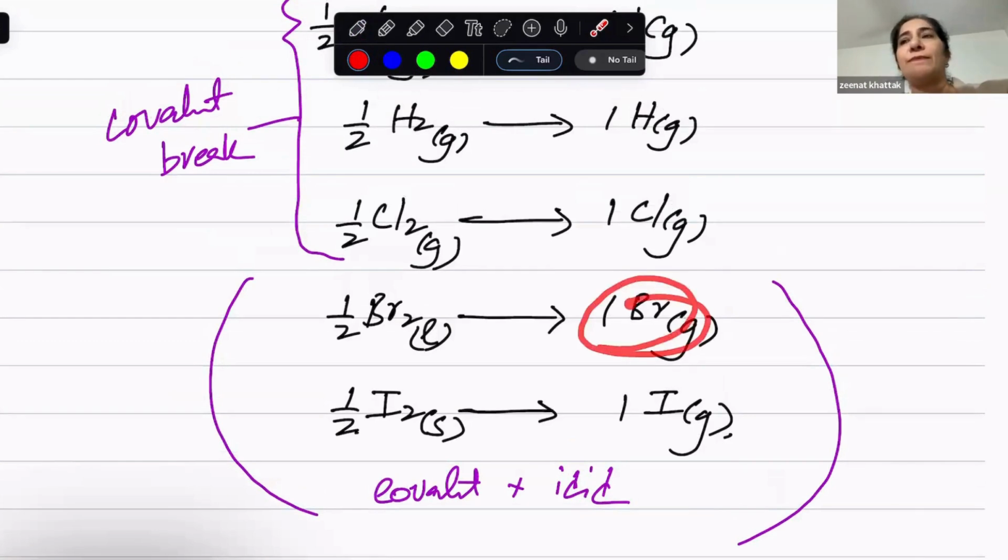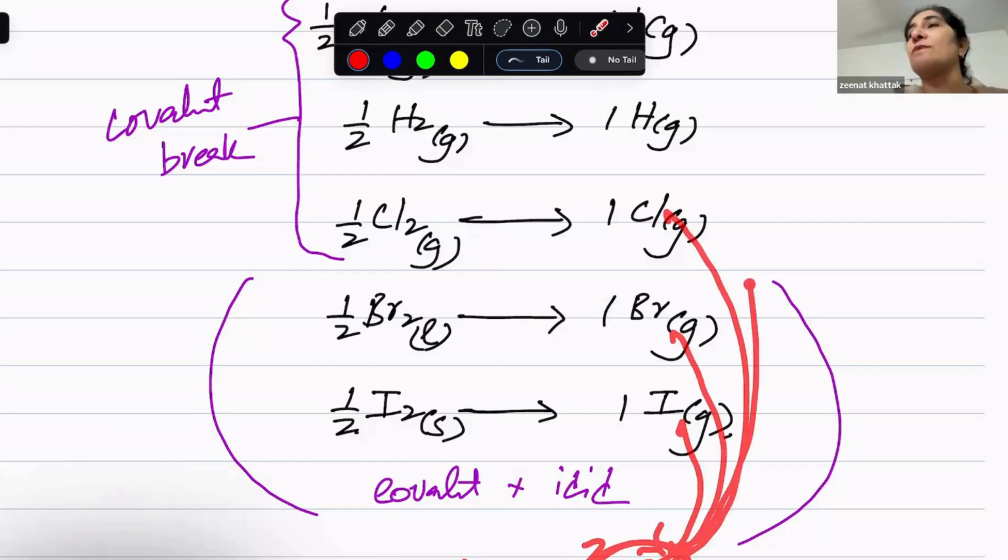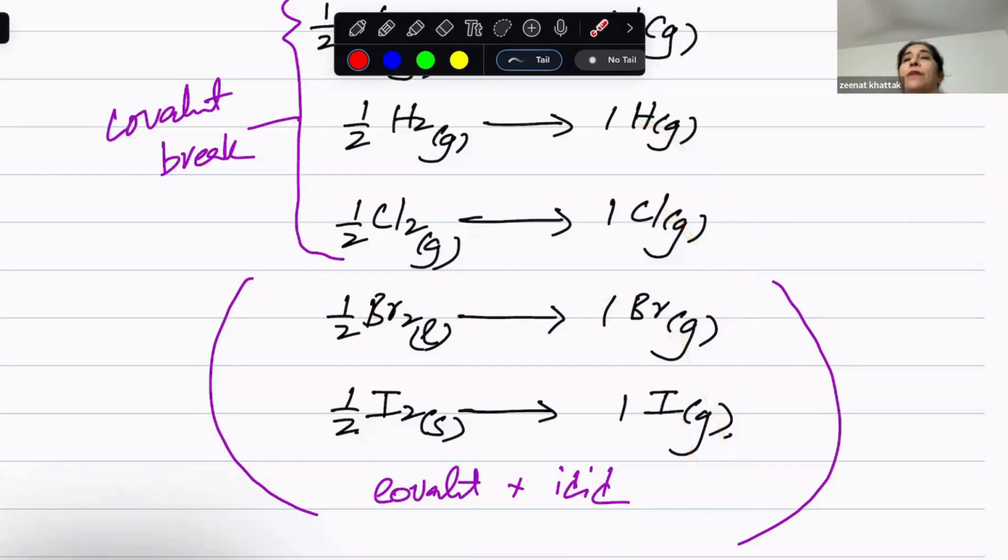For 1 mole of atom, if suppose the enthalpy change is plus 100, for 2 moles, it will be how much? 200, 300, depending on the number of the moles. But it's kilojoule per mole. Per mole of what? Of the atoms that is formed from its element.